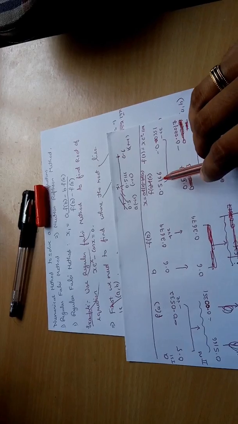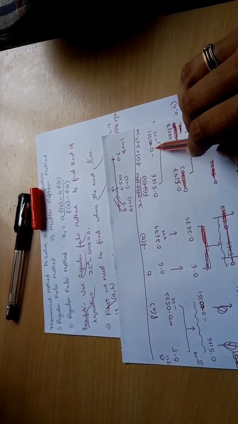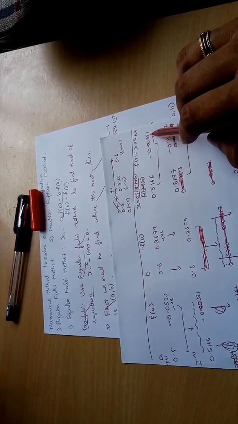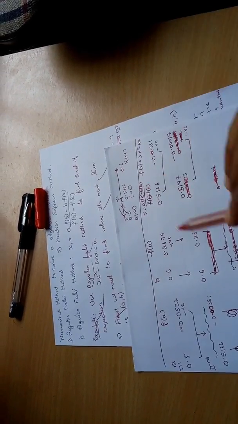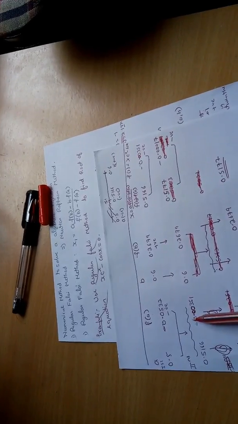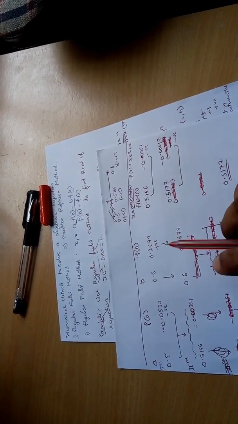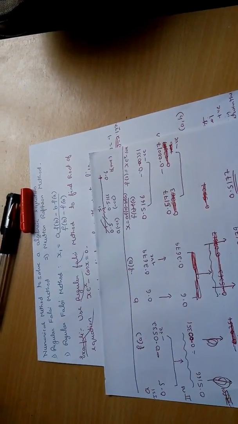So whenever you get a negative, which value do we have to replace? We have to simply replace A, and whenever you get positive, we have to replace B. That is a simple concept, that's it. So what I am telling you, listen carefully, for your f of x, if you are getting negative, just replace the value of A. If you are getting positive, you just replace the value of B, that's it. Okay, that is the procedure.